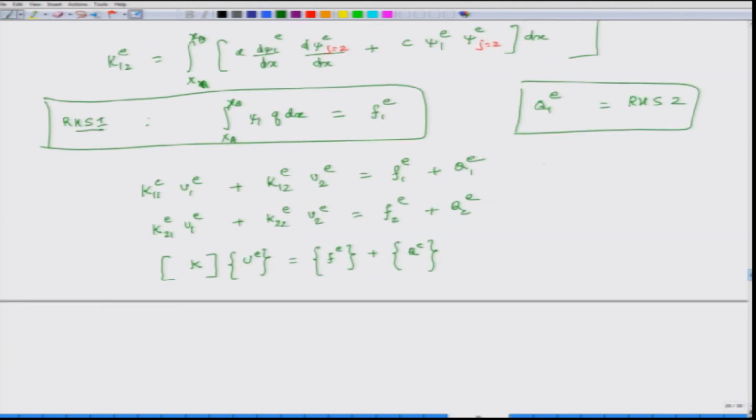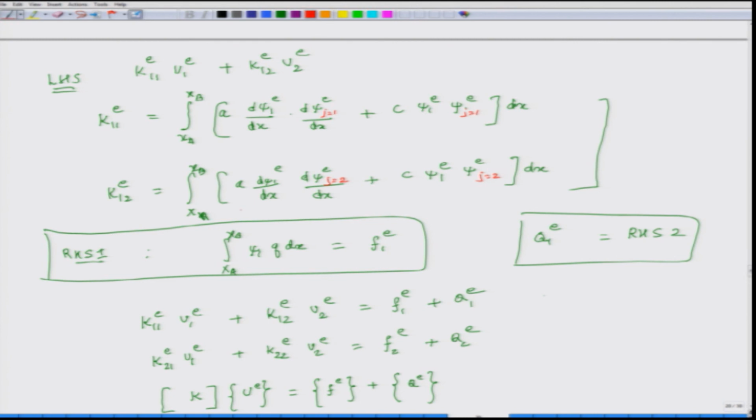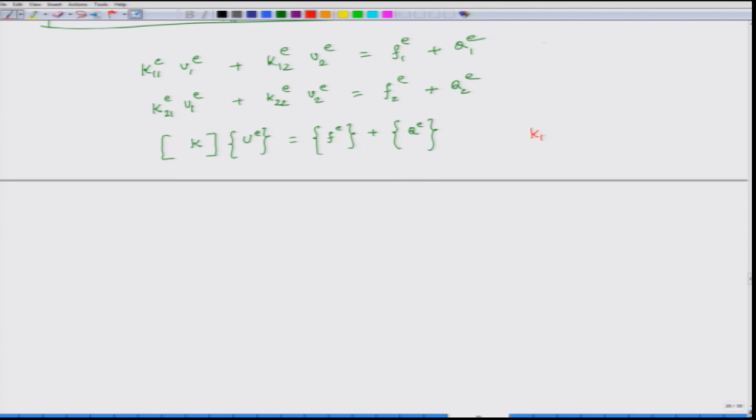The other thing is, you look at K12. When you look at it, it is symmetric in 1 and 2. If you replace psi 1 by psi 2 and psi 2 by psi 1, it is symmetric. So, you will see that K12 is equal to K21 for this problem.